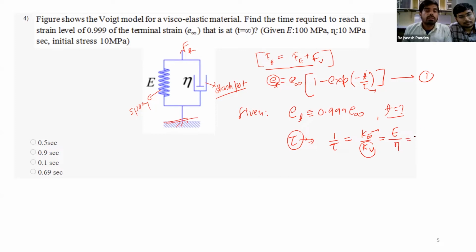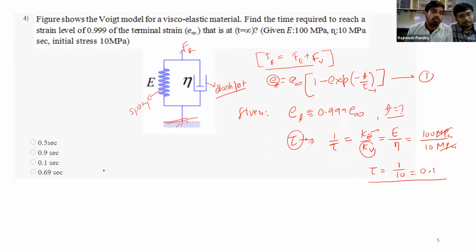After substituting the values, 100 megapascal divided by 10 megapascal, we get 1 by tau equal to 10, so tau is 1 by 10, which is 0.1. This is the relaxation time.